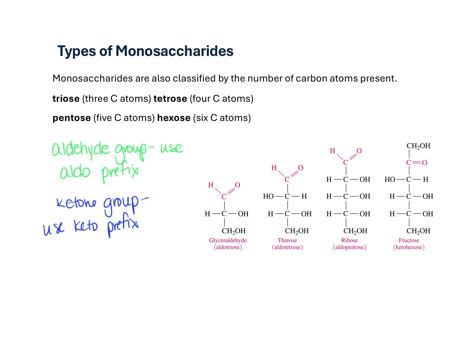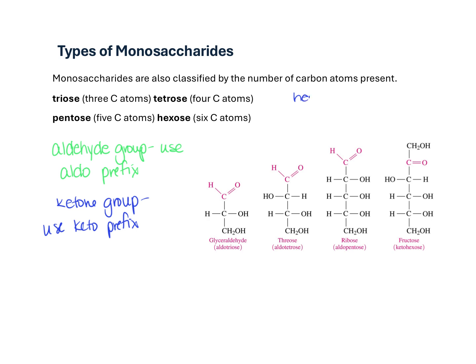When we have 4, the prefix there is tetro, so there's an aldehyde group. This is an aldotetrose. We have 1, 2, 3, 4, 5. This is an aldehyde group, so it'd be an aldopentose. There's 6 carbons here. That prefix is hex. It's got a ketone group, so it's a ketohexose. There's one other that you run into really infrequently.